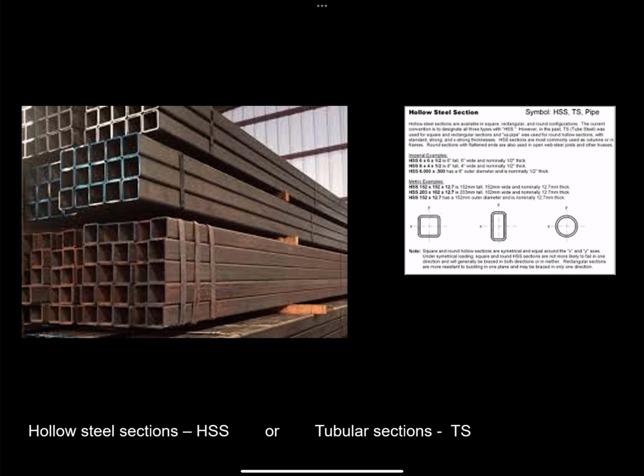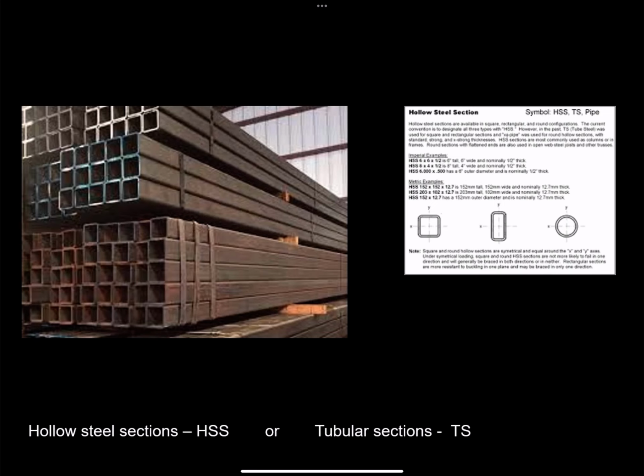Another common steel section is tubular sections. So these might be designated by the prefix HSS, which is hollow steel section, or by TS, which is tubular section. So the square tubes that you see on the left would be TS, for example, 5 by 5 by 1/2.